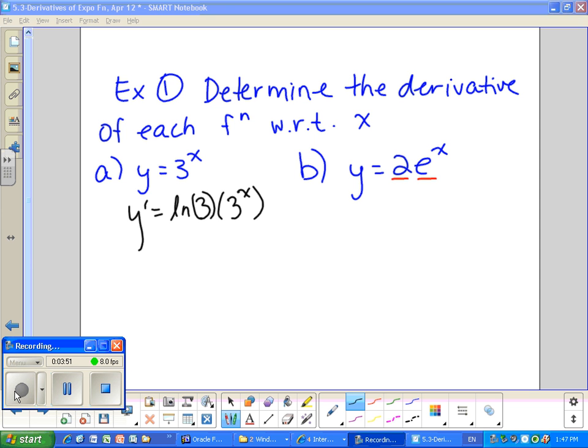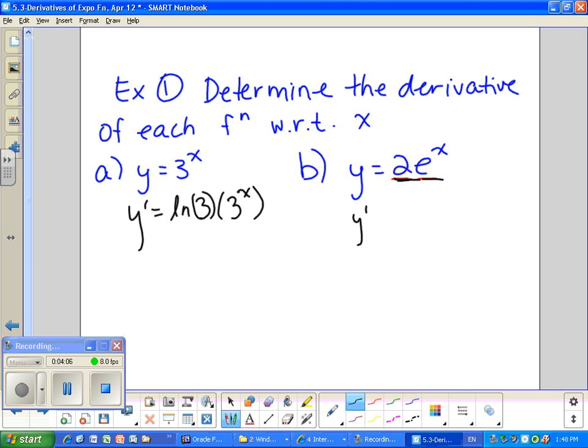So for B, there's different ways that you can do this, but what's one rule from chapter 2 that we can use to solve this? The constant multiple rule is leave the constant and take the derivative of the function. So our y prime would be 2, and then what's the derivative of e to the x? E to the x. So that's your derivative. The alternative is the product rule.